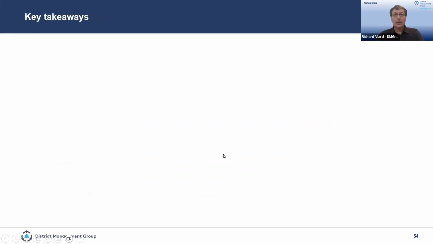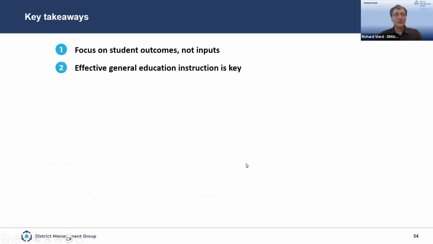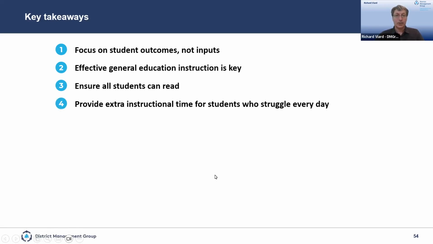So a few takeaways: focus on student outcomes, not inputs. The effective use of general education instruction is key to a good special education program. Ensuring all students can read. This will be important for learning any subject, not just reading. Providing that extra instruction time for students who struggle every day.